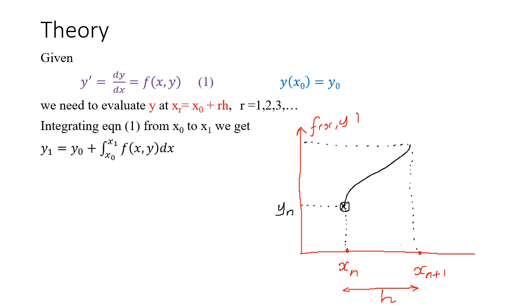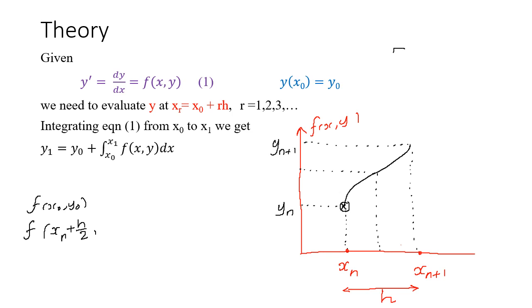So we'll take f of x0, y0. We evaluate the function at the initial point. Now we'll try to evaluate the function at the midway between, that is xn plus h by 2. We will try to find out what is the function value at this point. As an initial guess, we will use Euler's method to find yn plus 1.